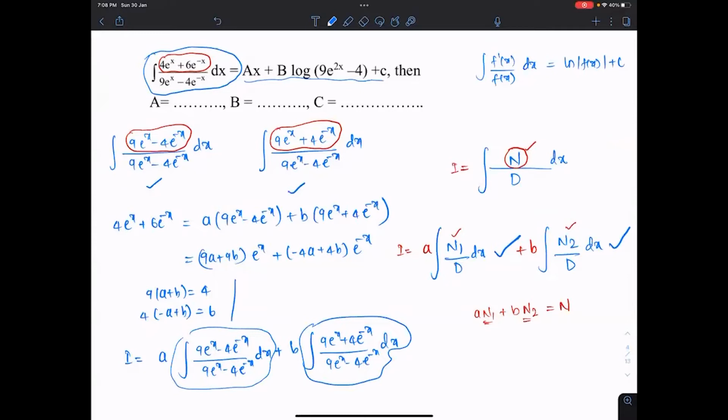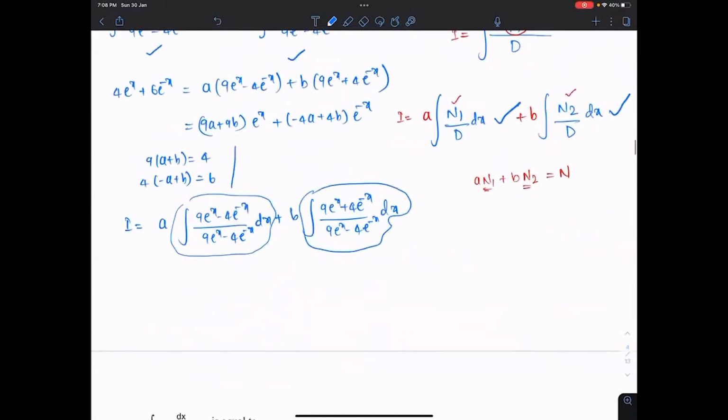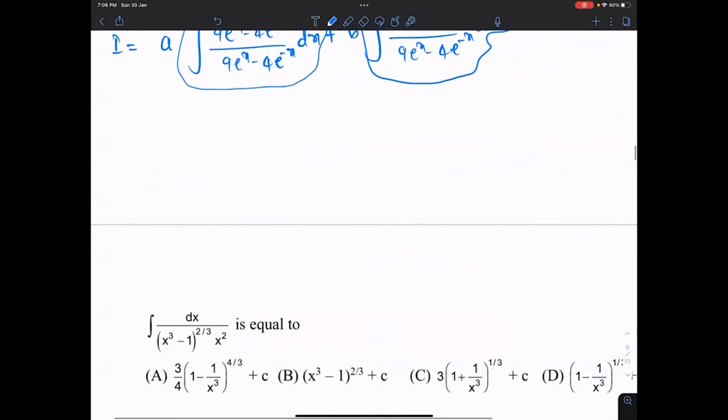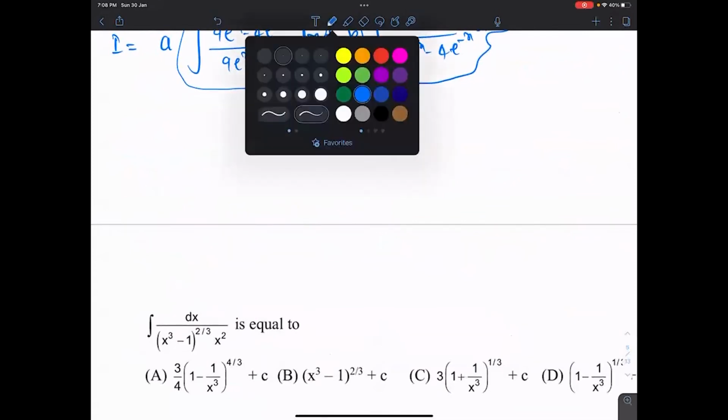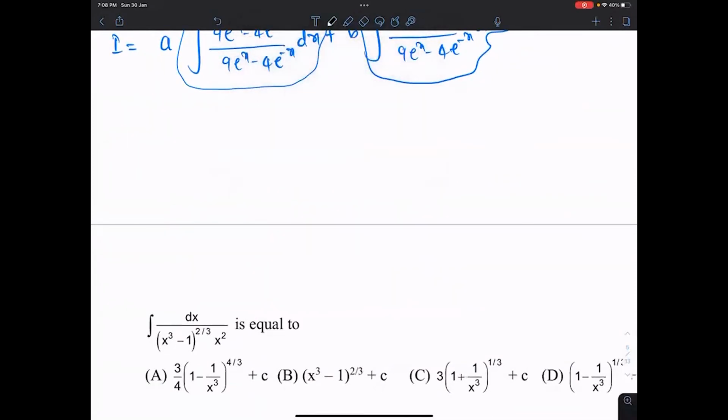Now, where do you use it in some other places? For example, let's say you have the integral of sin x plus 3 cos x divided by cos x minus sin x.